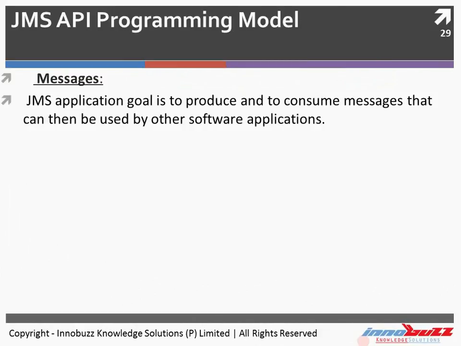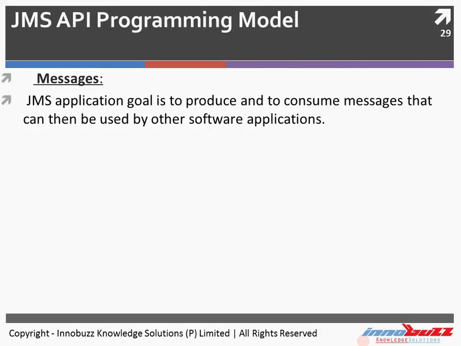Messages. The JMS application goal is to produce and to consume messages that can then be used by other software applications. So messages are the base of the JMS application programming model. Here we are talking about producing and consuming messages.